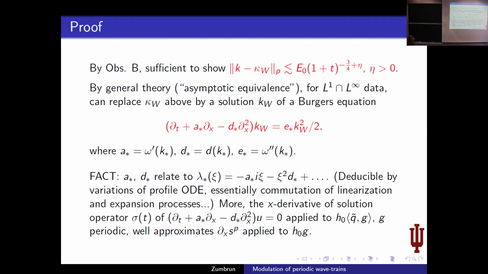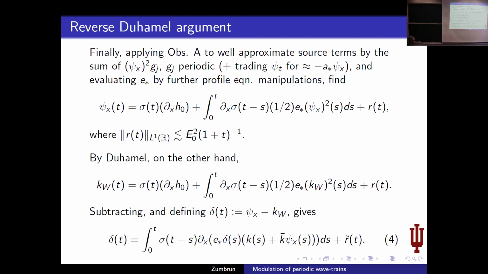The fact that they're asymptotically irrelevant is captured by another residual that has the same decay rate. So if I subtract them, I get the same Duhamel with R tilde, a remainder of the same rate, same error bound.